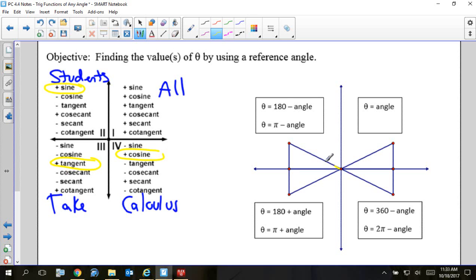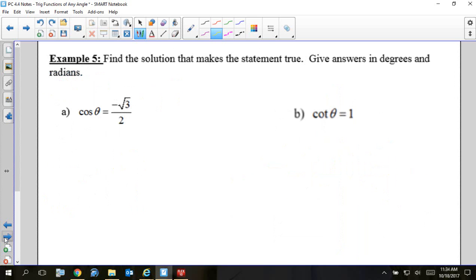If it is in this quadrant, you can take 180 and subtract off this piece to get what's left. But if you need it, if you lack common sense, or you haven't figured it out yet, this is available to you. All right.